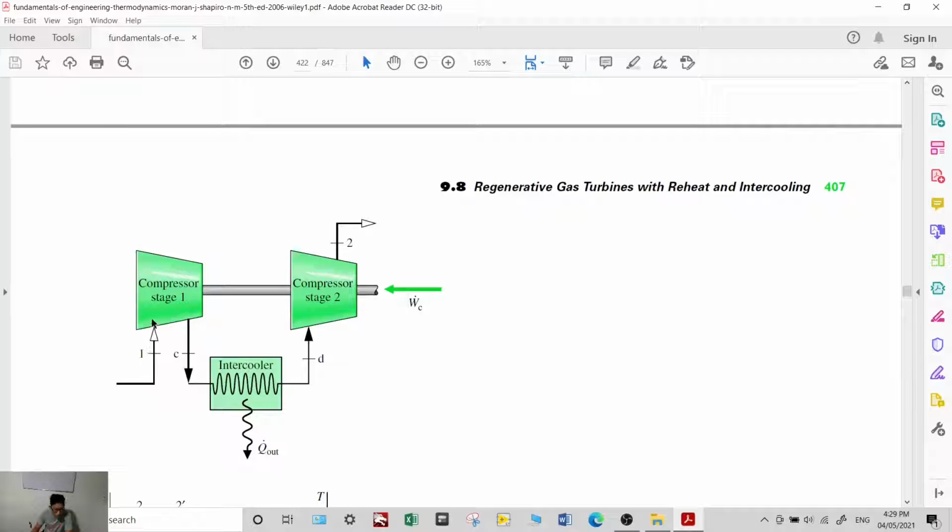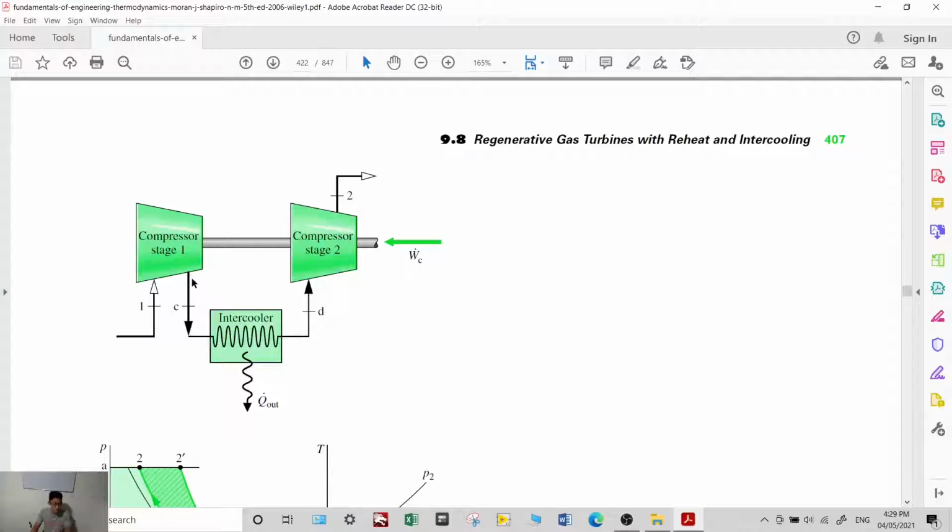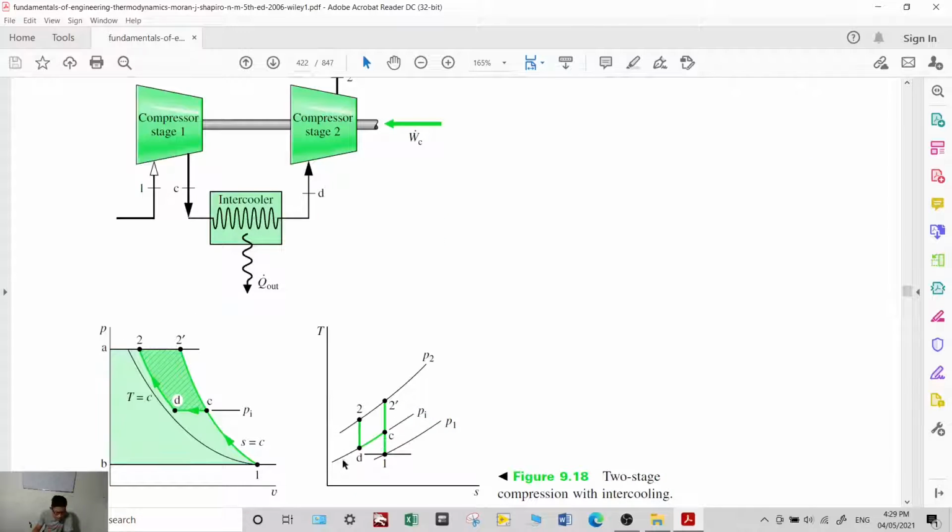After compressing at compressor 1, the condition of your air will be at state C. Then you pass it through a heat exchanger or intercooler to remove a portion of the heat at constant pressure. So the temperature decreases to point D.